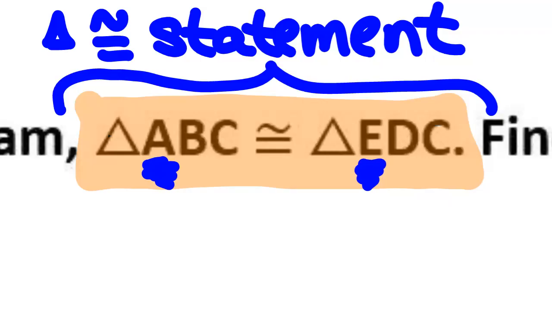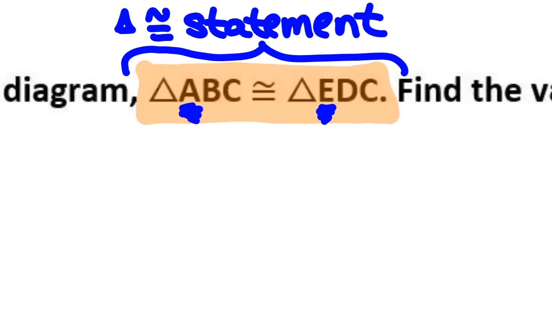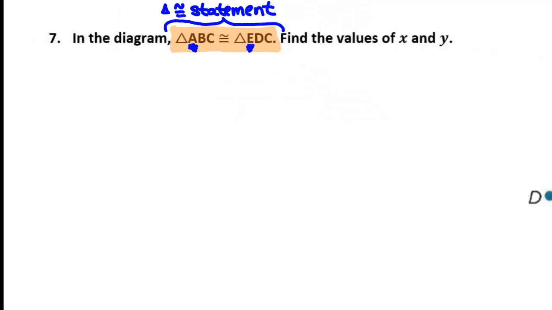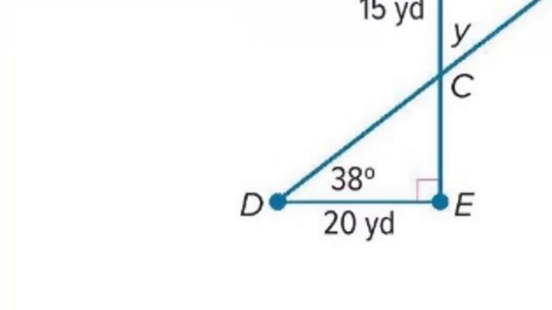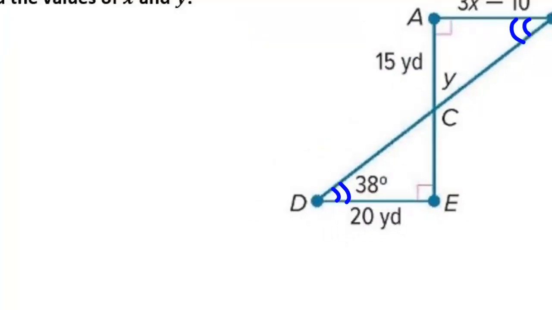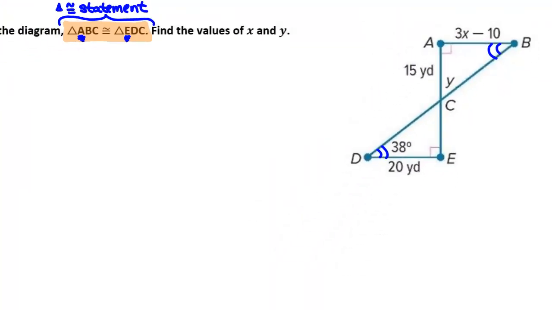All right, so that was first letter, first letter. Give me another pair of corresponding congruent angles. B and D, yes. Angle B and angle D. So angle B is over here, and angle D is down here. And then what would another pair of corresponding congruent angles be?